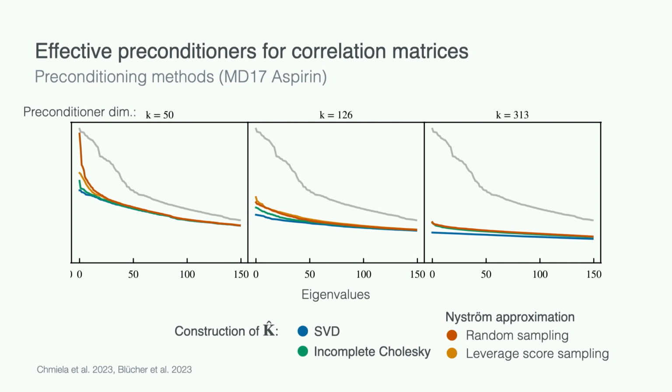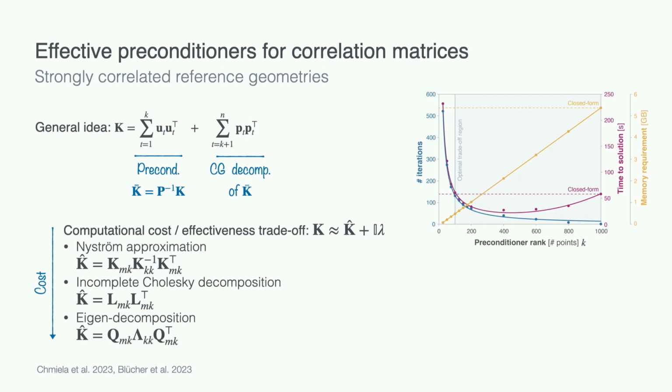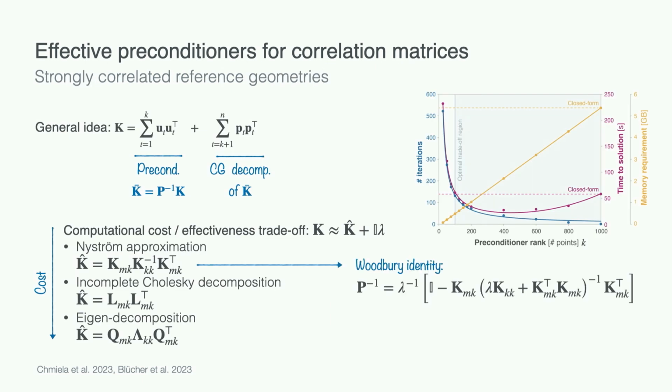Obviously, the SVD will always be the best because that's the best thing you can do, so that's the lower bound here. But we can really rely on the Nystrom approximation to construct this preconditioner.